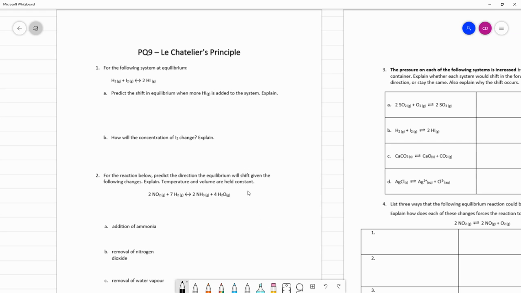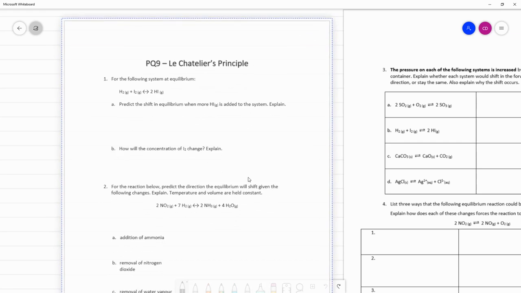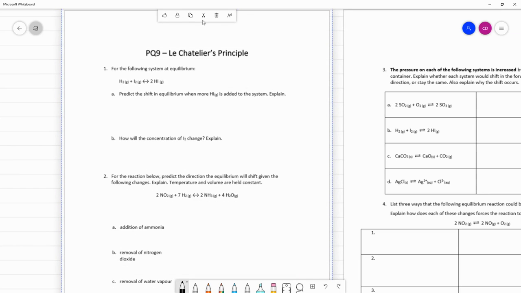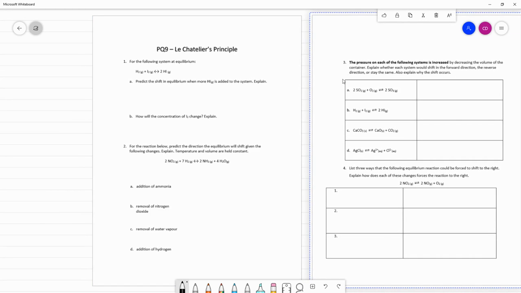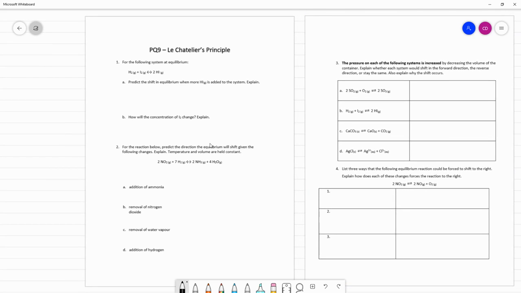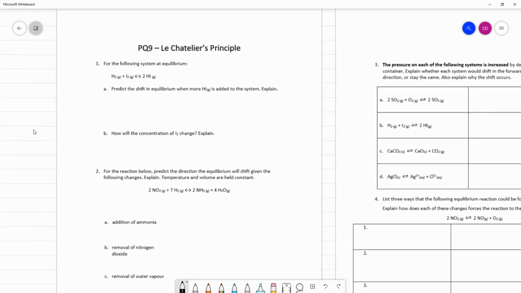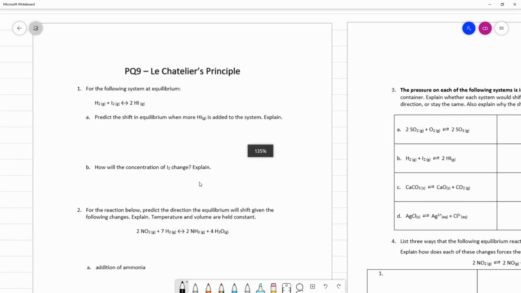So let's look at some examples of how Le Chatelier's principle is used and what shifts can happen and how the reaction will counteract those shifts. So let's have at it.